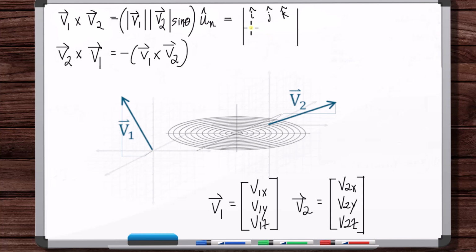The second row are the components of the first vector, and the third row are the components of the second vector.